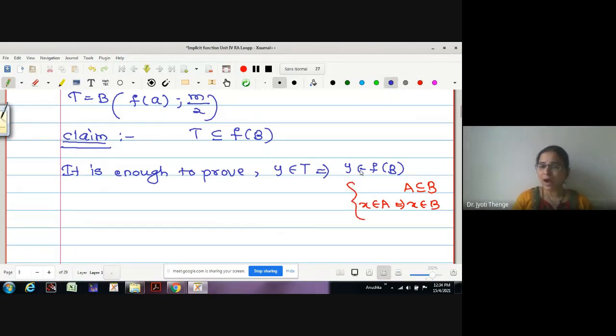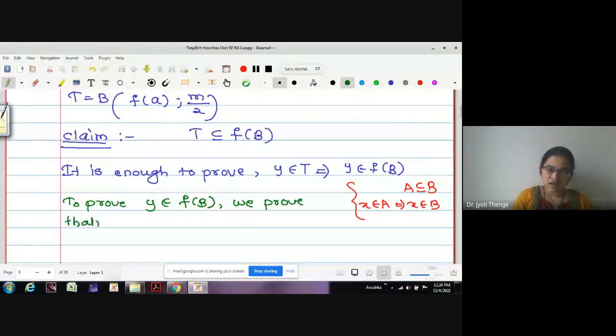Now, in order to show y is in f of B, what does it mean actually? To prove y belongs to f of B, we should prove that y is the f image of some point c, where c is in B. Correct, na?